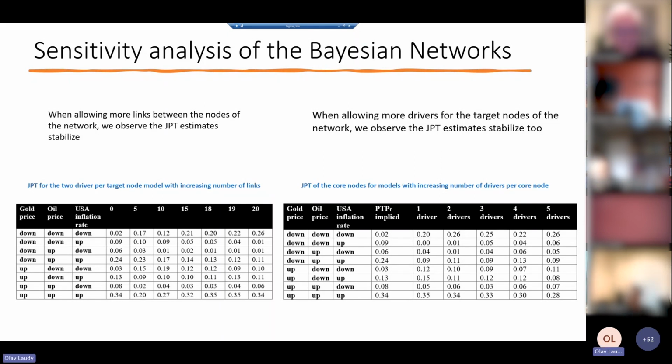We also observe that adding more drivers does not seem to change the joint probability of the target nodes very much with increasing number of drivers. So we conclude here too that the model stabilizes rather quickly. Thus, the takeaway from this slide is we conducted 2 sensitivity analyses, and they both showed that the model with reasonably low number of links and low number of drivers already provide fairly stable estimates.